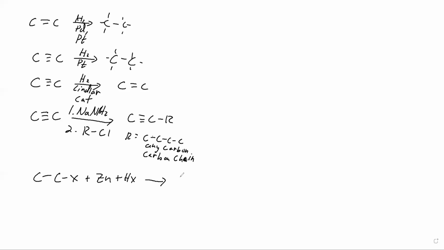Yeah, it gives me, takes the X off, plus ZnX2. Okay, we got that. X is any halogen, for the most part chlorine or bromine. Okay.